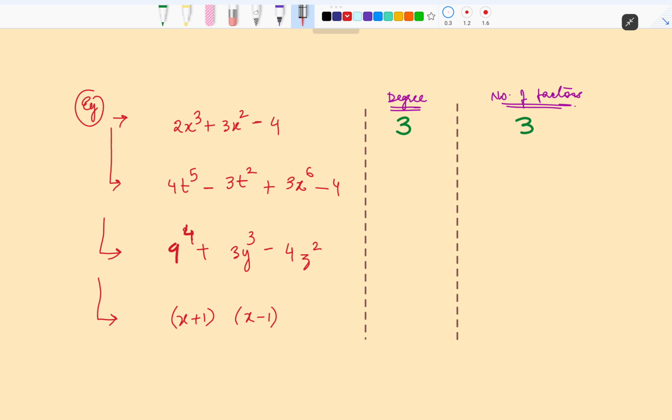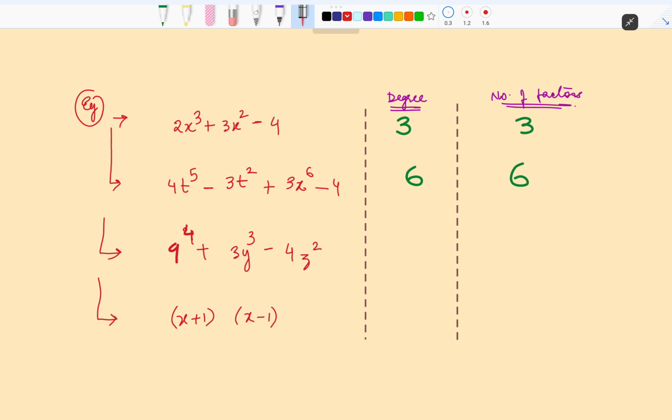Remember, we discussed the types of polynomial in 1 variable, polynomials in 2 variables, polynomial in 3 variables, and so forth. This variable has the highest exponent of 5, this variable has the highest exponent of 6. So the degree is 6. Your number of factors will also be 6.